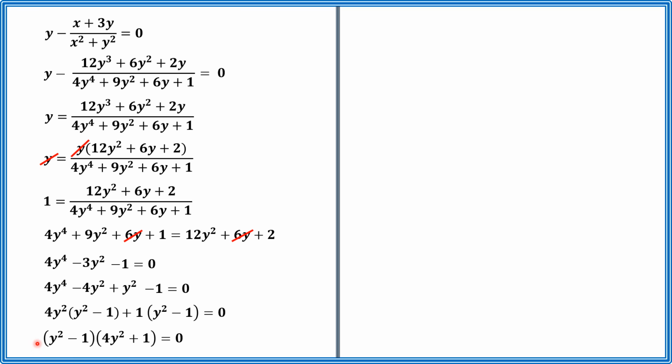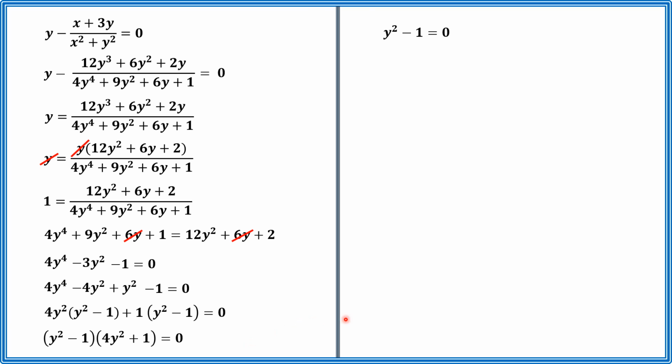Since y is a real number, this factor 4y square plus 1 cannot be equal to 0, because y square is positive, so 4y square is also positive, and a positive number plus 1 is always non-zero. So this factor cannot be 0, and the product is 0, which means the only factor which is 0 is y square minus 1.